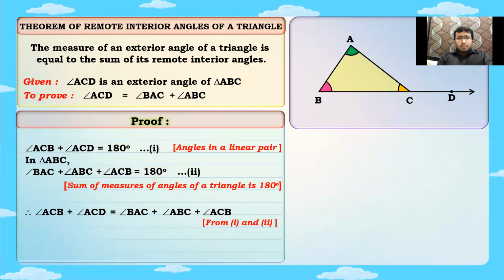Students, just compare the equation we have got. On the left hand side there is ACB, on the right hand side also there is ACB. So ACB will get cancelled, and what will remain with us? Angle ACD is equal to angle BAC plus angle ABC. And then students, we have proved, we are done with our theorem.